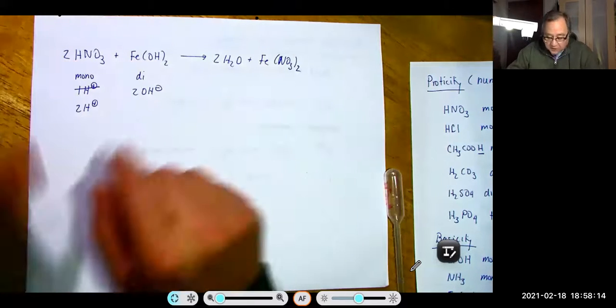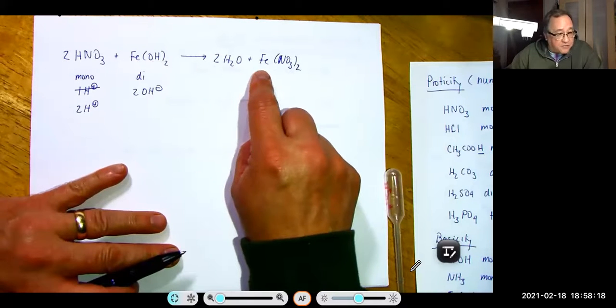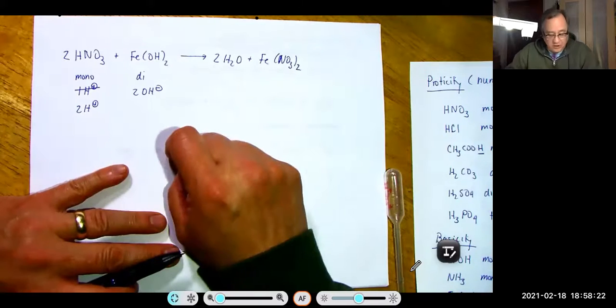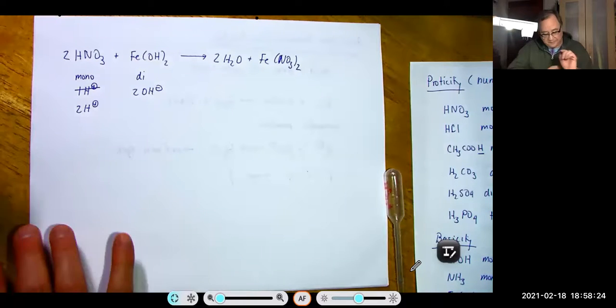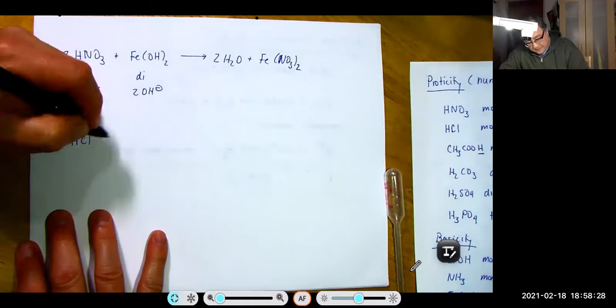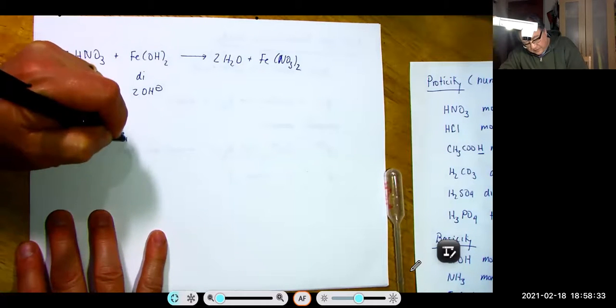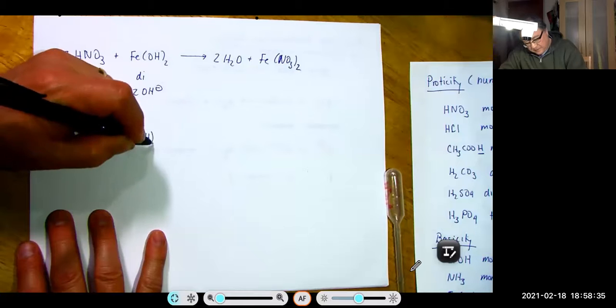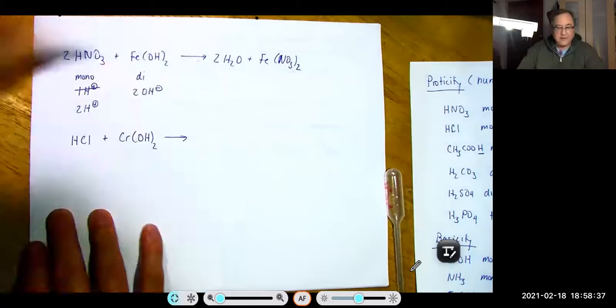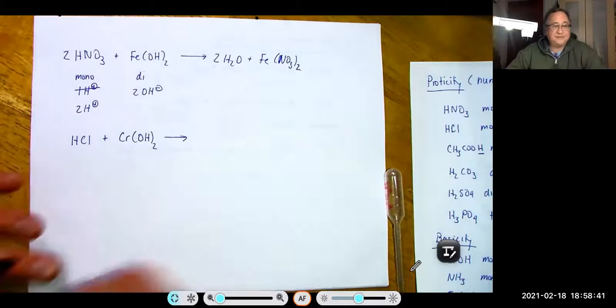And when I put them together, of course, I put the cation first and the anion second. So your turn. Balance that reaction, and come up with the products.